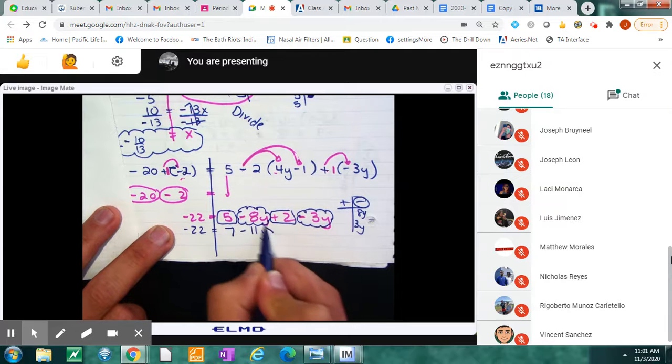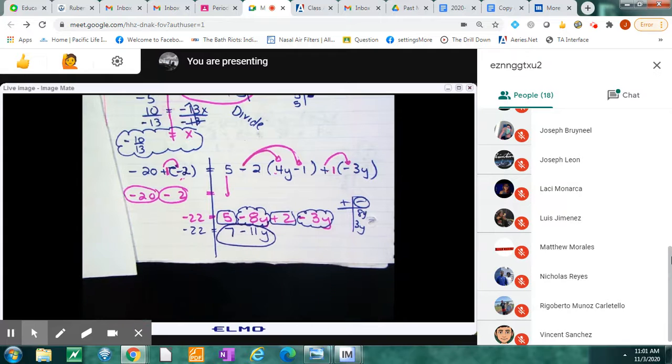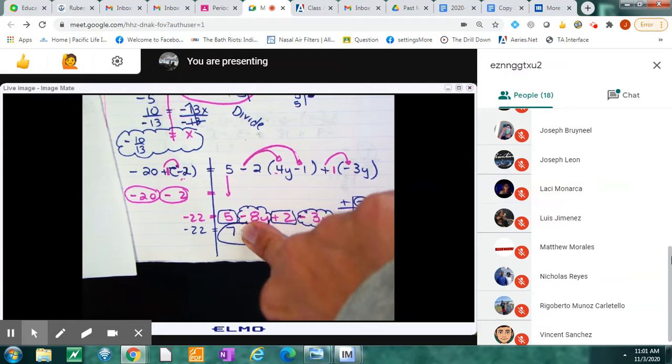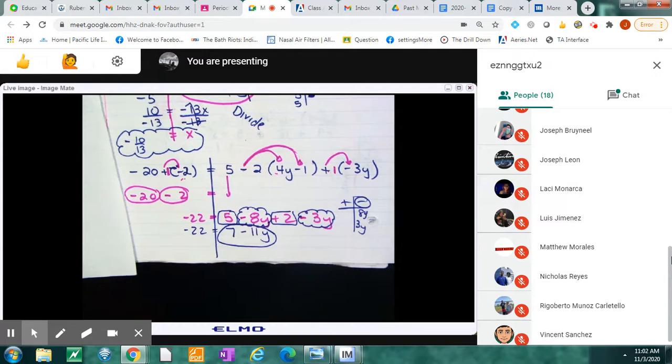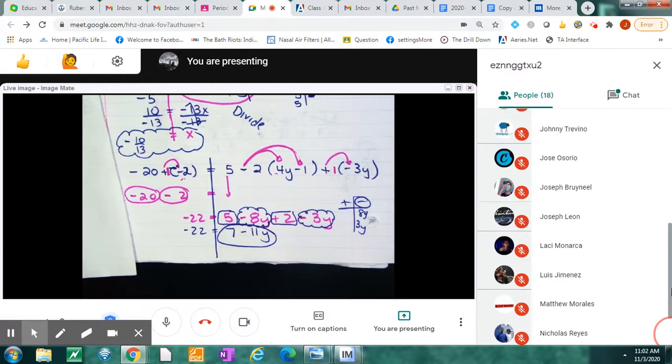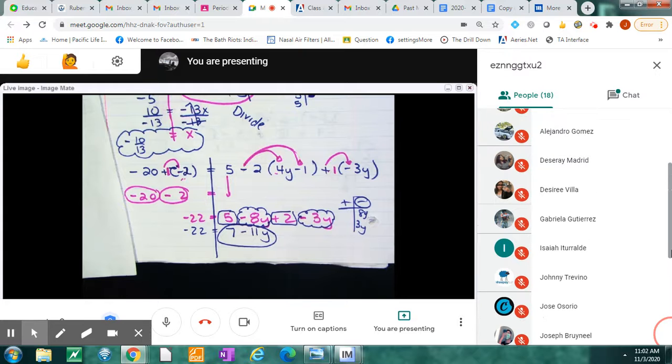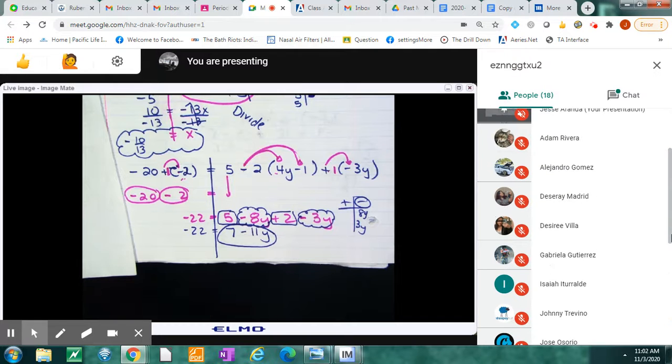All right, so now, what do I get rid of? So remember, my strategy is I want to cover this, so I got to get rid of the 7. How do I get rid of it? Desiree, how do I get rid of the 7?